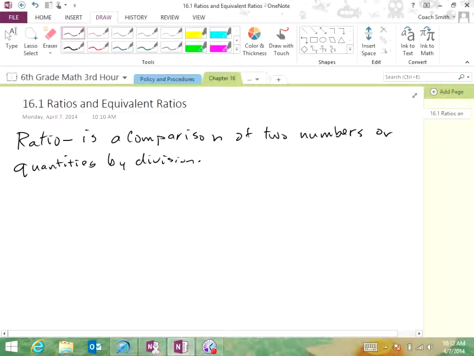Okay. Now, there are three ways to express a ratio.